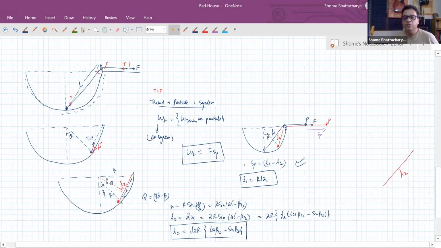This is the chord length L2 which we are trying to calculate, but this side is R, this side is R, and this angle is phi. So we drop a perpendicular here on the chord. It bisects, it becomes two congruent triangles.